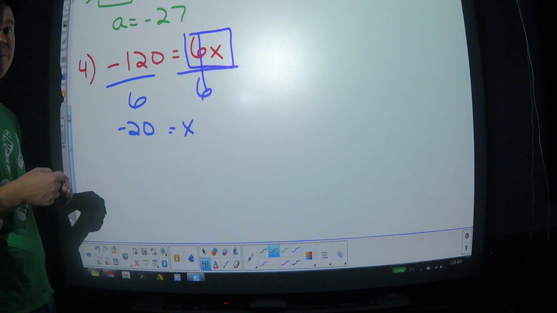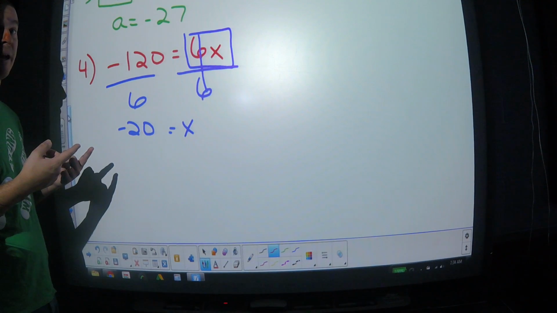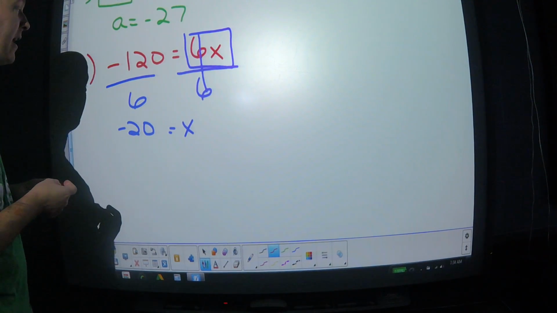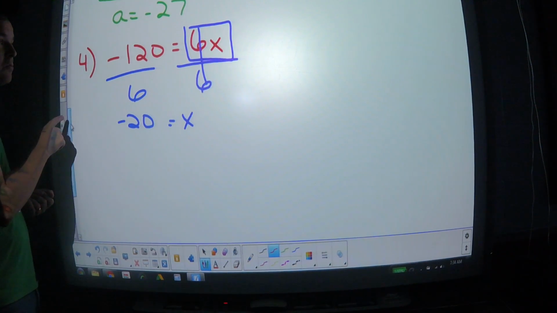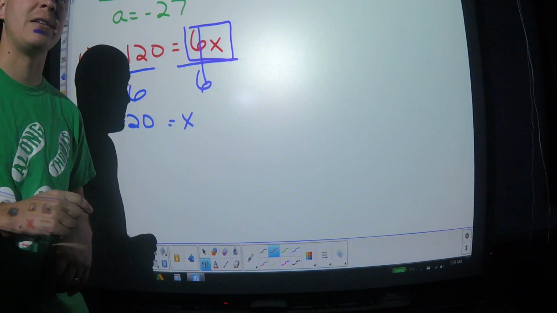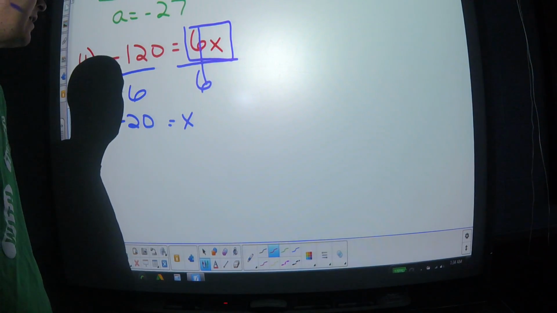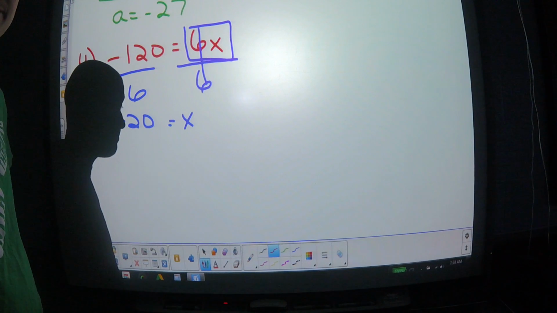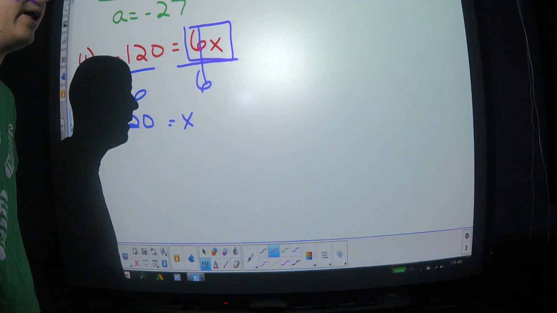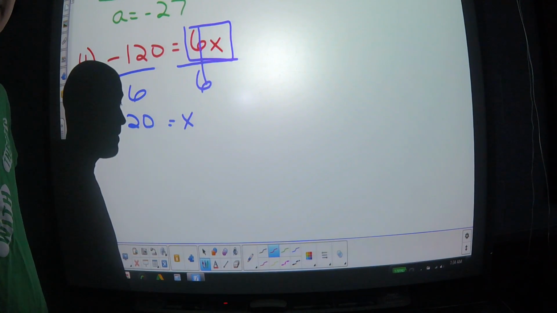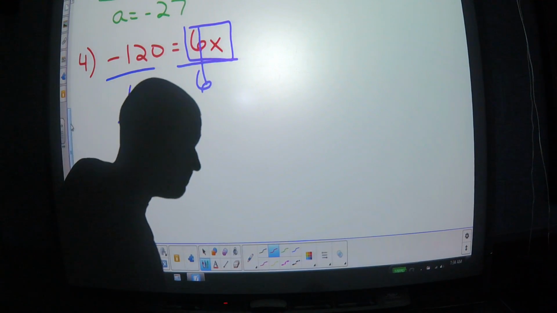Same way with division. Okay? So just remember your rules on adding, subtracting, multiplying, dividing negative numbers, and then follow your rules of one-step equations and you'll be okay. All right? Work on the practice problems, and then we'll talk about them tomorrow.